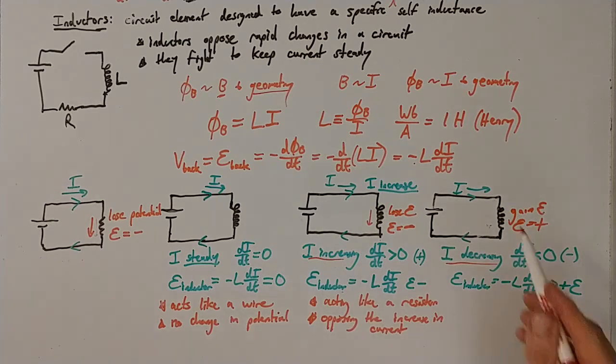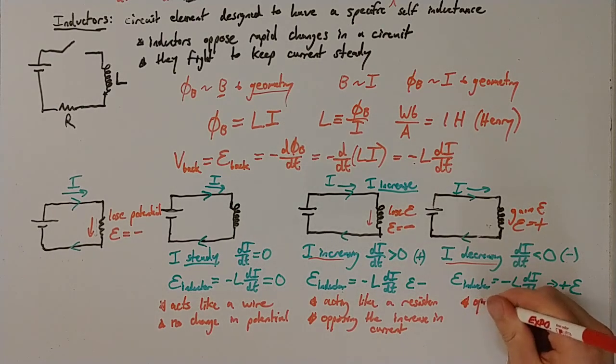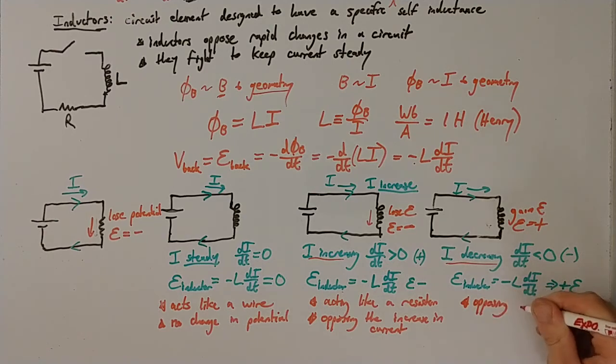So in this case, we say that it's actually trying to oppose the decrease. So I'll write that down. It's opposing the decrease. So what does that mean? It means it's trying to actually pump more potential into the system.